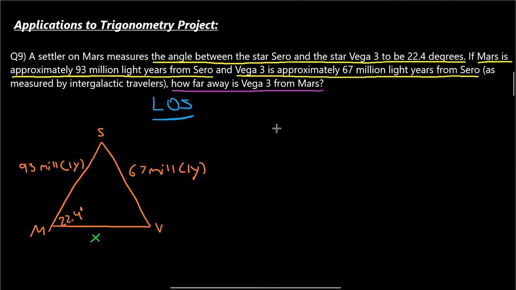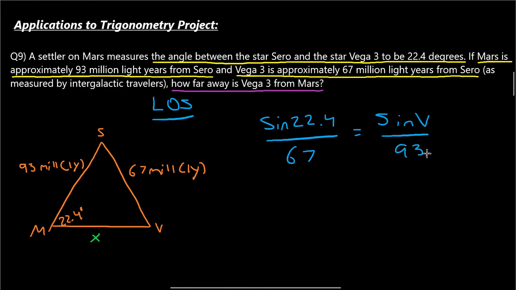So we know that the sine of 22.4 over 67. Instead of 67 million, we can just put 67, and this can be 93. We can simplify it a little bit. So we can put the sine of 22.4 over 67 is equal to the sine of V over 93.